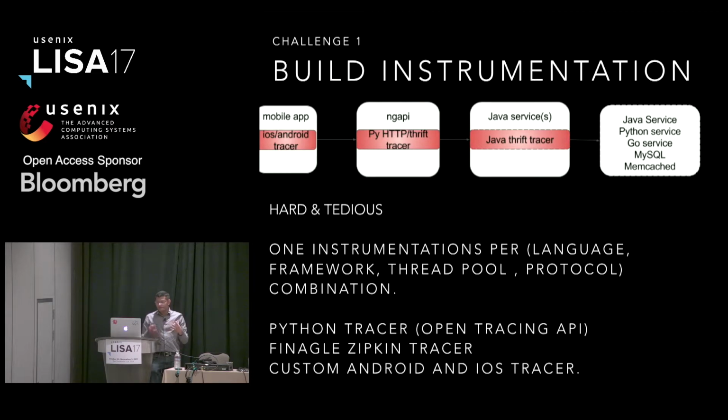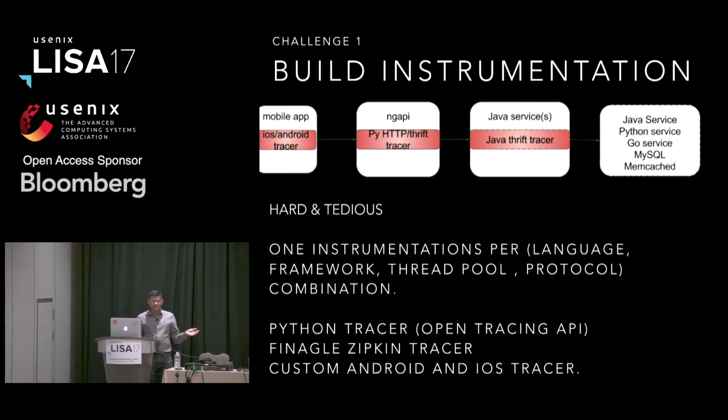So if you have a homogeneous infrastructure, this becomes easier. Or if you are using a framework that is already instrumented for tracing, it's really easy to do. So luckily for us, our main stack is Python and Java. And for Java, we use this open source library called Finagle, which comes with an excellent tracer built in. So for Java services, we just take advantage of the Finagle tracer that comes with the library.